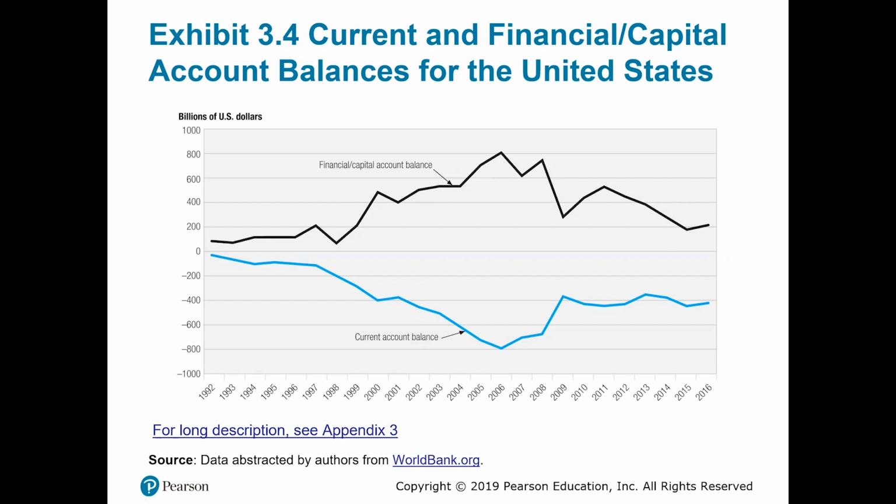Okay, and this is actually not unusual. This is typically what happens in most of the advanced countries. There is an inverse relation between the two accounts.